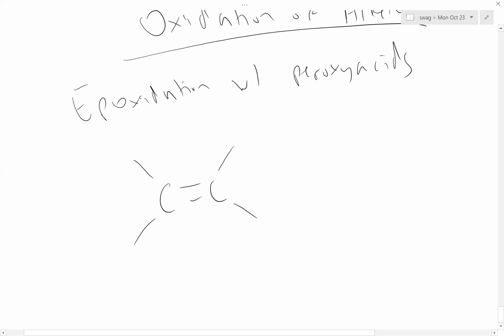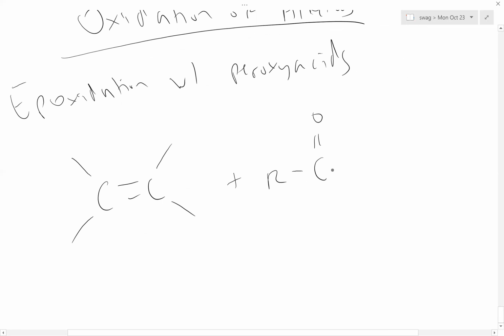and you have what's called a peroxy acid. So this reacts with C double bond O, some R group, and then peroxy, meaning you have OOH. Notice peroxy, peroxide, CROOR. This is like ROR.